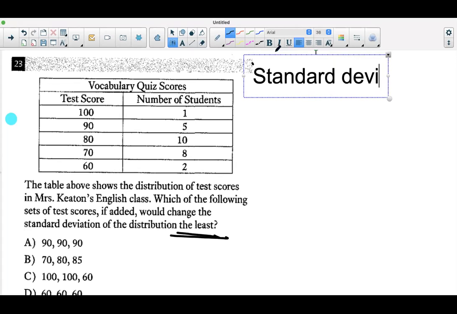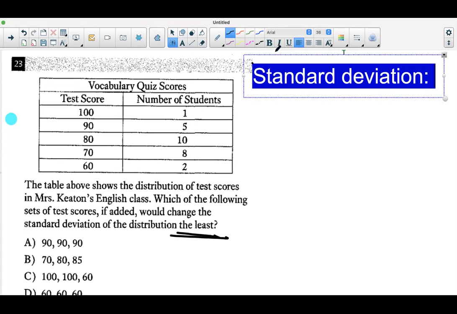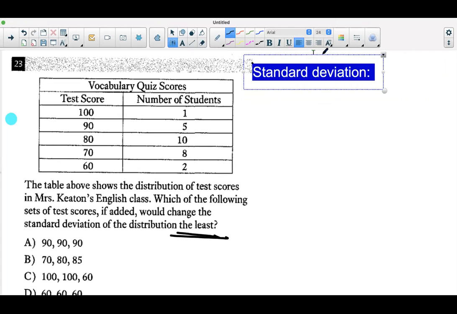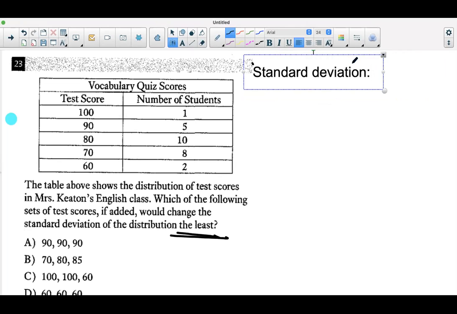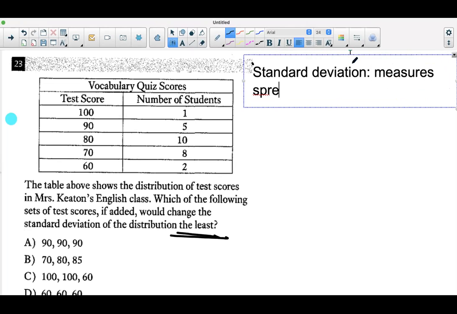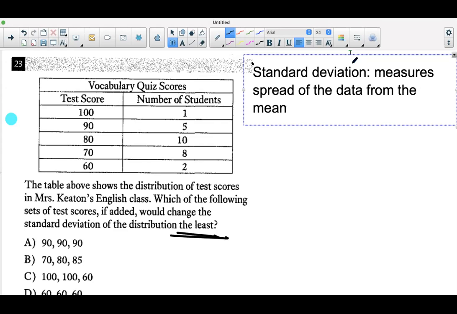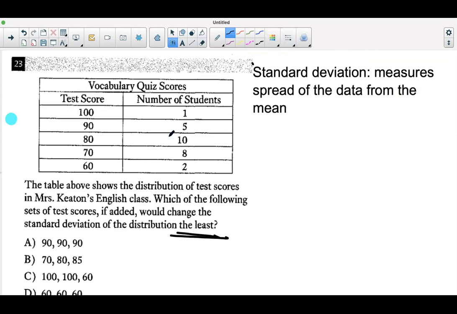Standard deviation measures the spread of the data from the mean, okay, from the mean of the data. So in this case, where do you think my mean is at? Mean seems to be around 80. Would you agree? So my mean, the middle, is around 80.